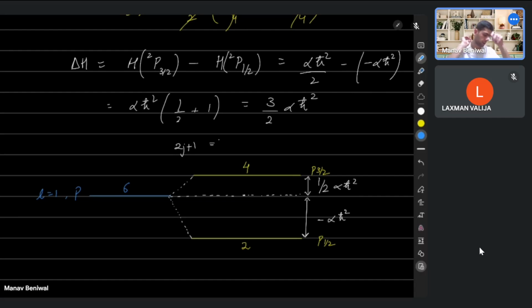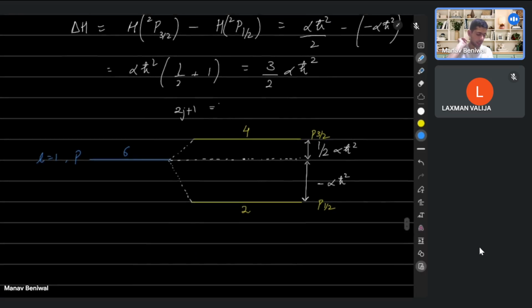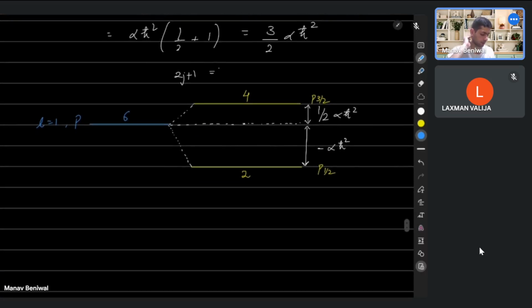Okay. Similarly, if it were a d orbital, then that could have contained 10 electrons, and again that will split like this. Now, of course, this splitting will be different, and these energies will be different from the p orbital.